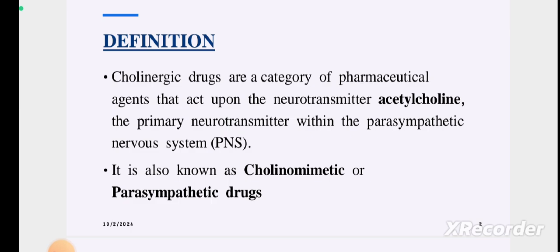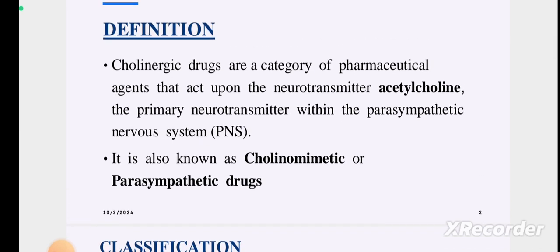So, in short, I can say that there are two types of nervous systems. One is the central nervous system and another is the peripheral nervous system, and the parasympathetic and sympathetic come in the autonomic nervous system that comes under the peripheral nervous system.